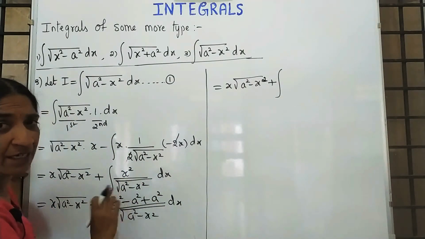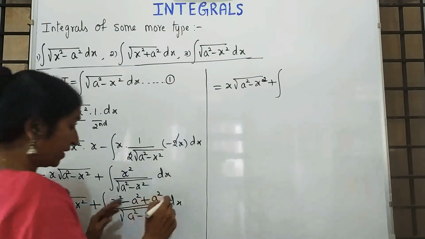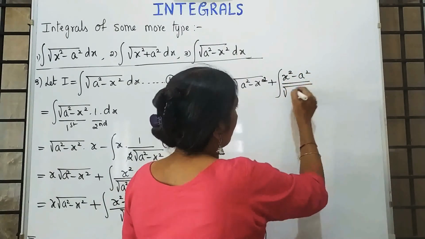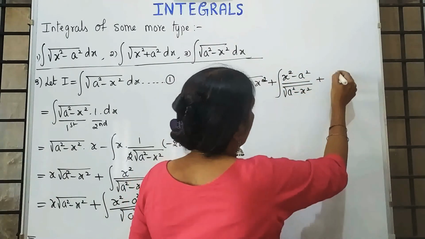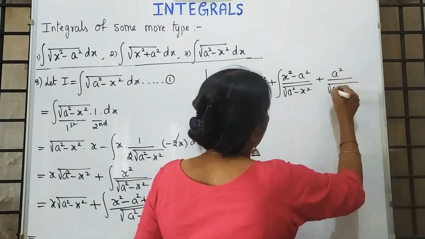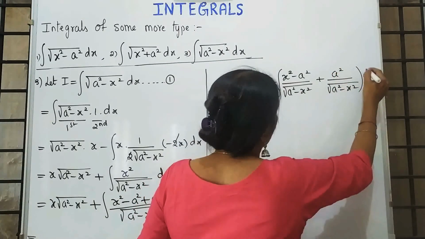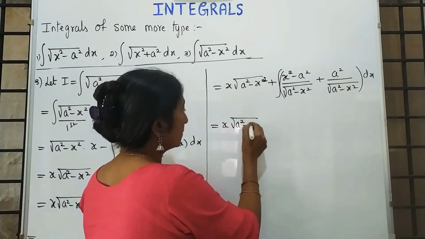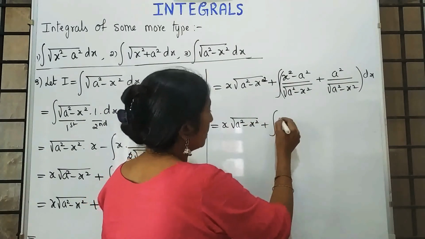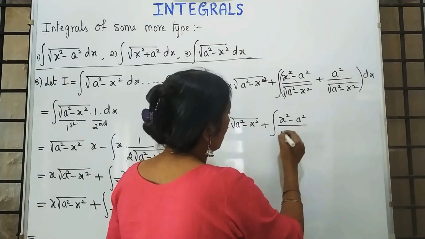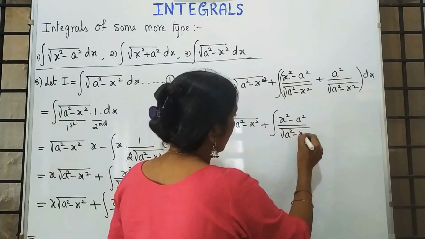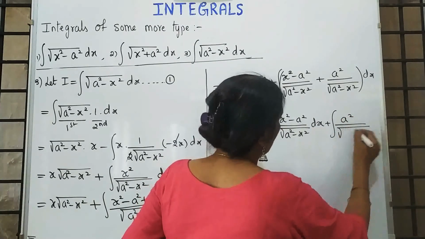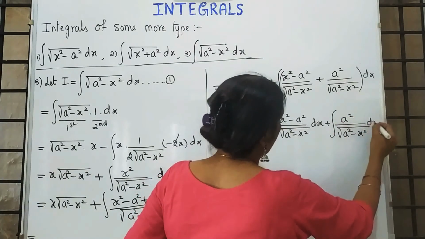The terms are similar, a little bit, they are not in the order. First I will take the denominator separately. Then I will take the integration also separately. x square minus a square upon root of a square minus x square into dx plus a square upon root of a square minus x square into dx.